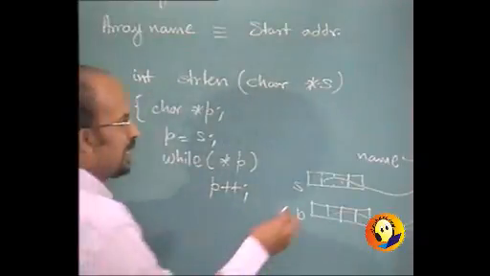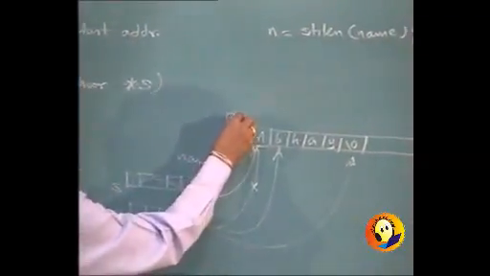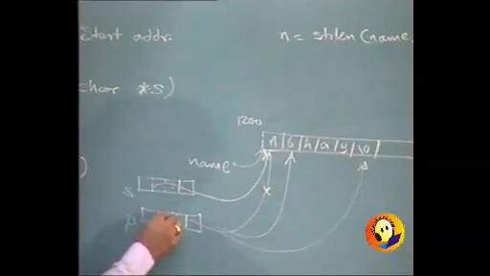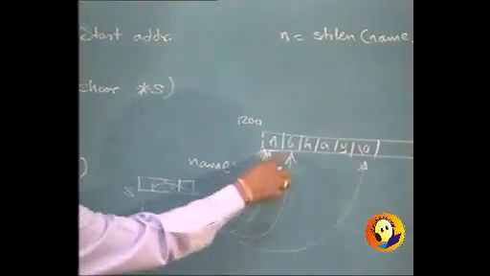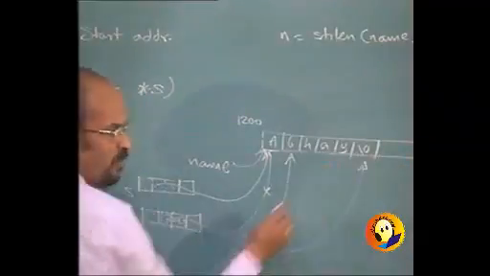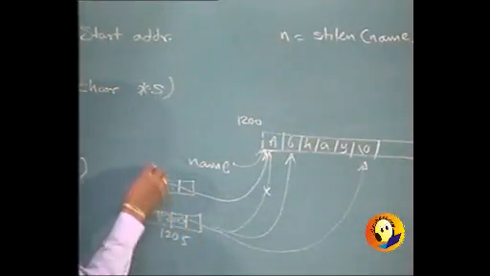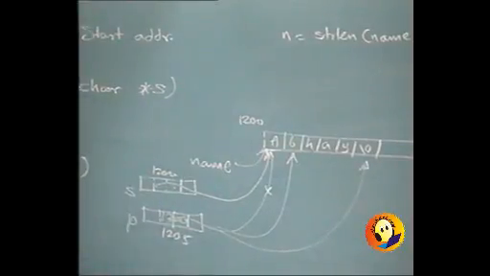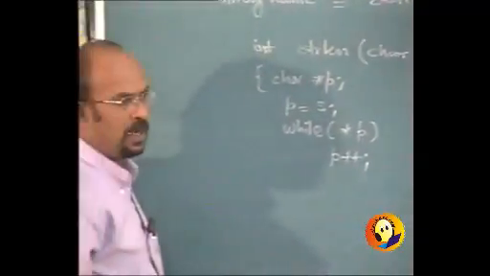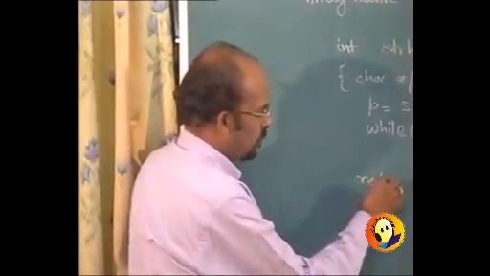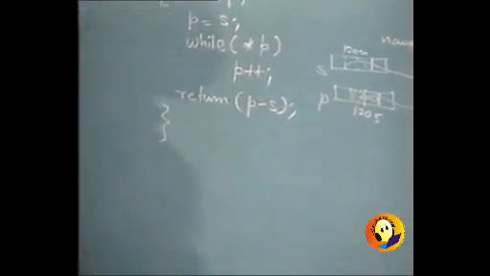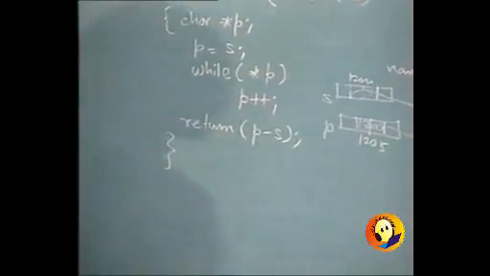Suppose this address was 1200. The contents of p will initially be 1200, then it becomes 1201, 2, 3, 4, 5. It becomes 1205. S is still at 1200. The difference in these two is nothing but the length.